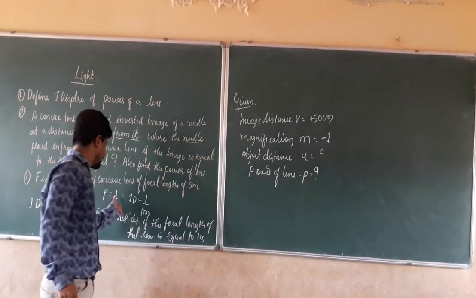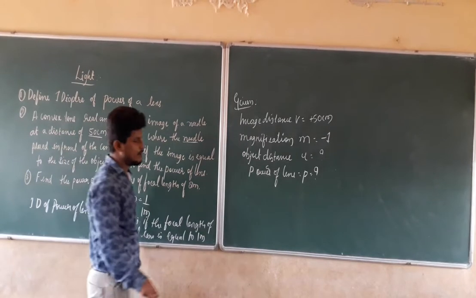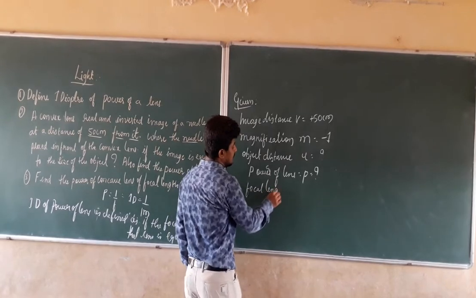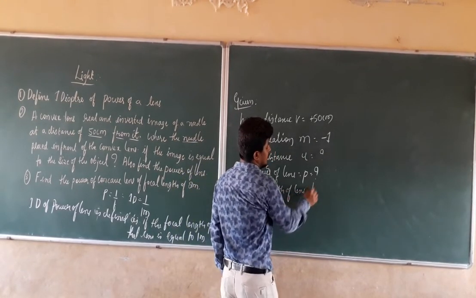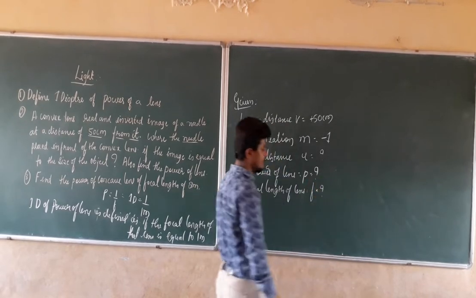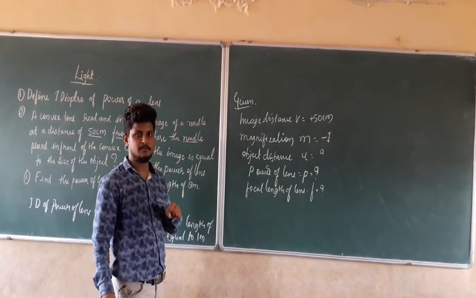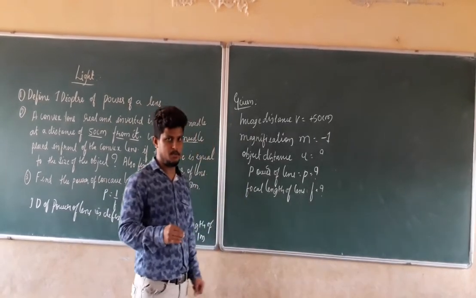We already have the formula for the power of the lens, which contains the focal length, so we also have to find the focal length, f equal to question mark. First we are going to find out the object distance.